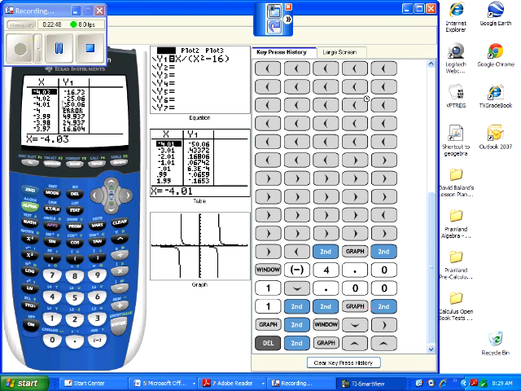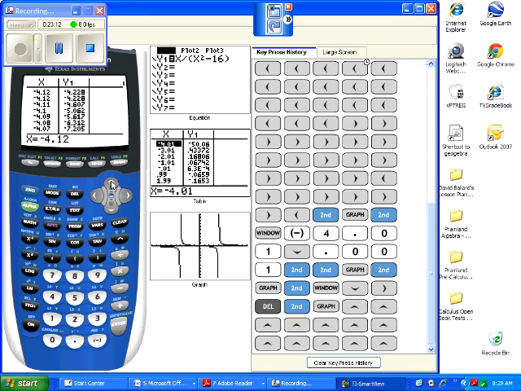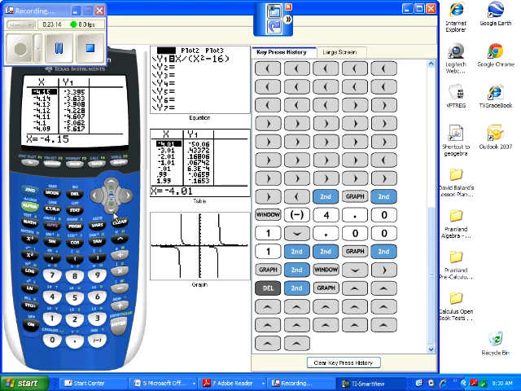Well, we were at 50. Let me add increments of 0.1. I'm not getting where I want to be. Oh, here we are. That's where I wanted to be. That's what I wanted to see down here.